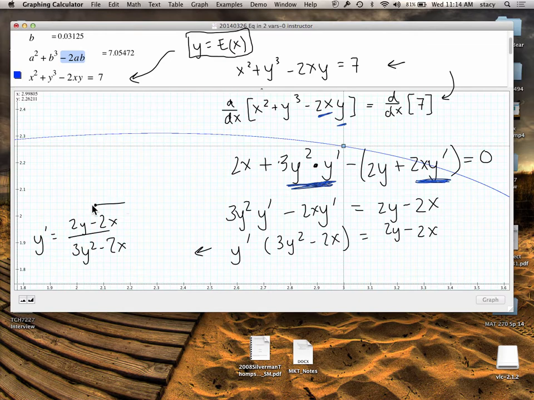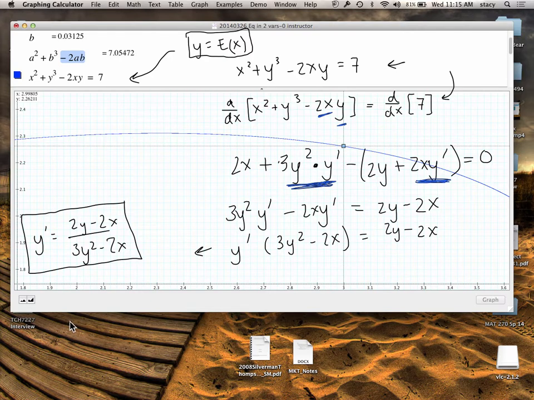So now we have a nice, compact, super handy-dandy formula for finding the rate of change of y with respect to x at a given point x comma y. Because notice this formula requires you to know both the values of x and y, right? So it will no longer make sense for me to just ask the question, find the rate of change at x equals 3.